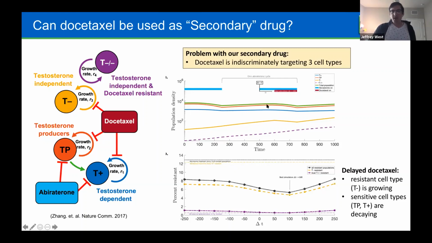But here, after giving the dose of abiraterone, these 2 sensitive cell types start decreasing, meaning that any proliferating cells are, by definition, resistant to the treatment because they're proliferating under treatment. So that second drug should be given right when we get the maximum bang for our buck in targeting that resistant proliferating fraction.